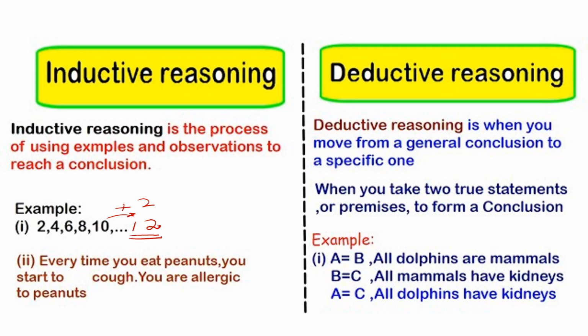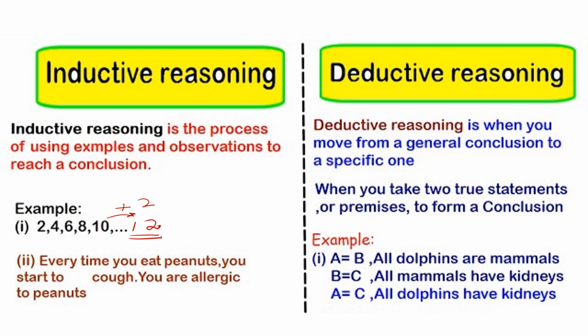If we say that all dolphins are mammals and all mammals have kidneys, you can say that since a dolphin is a mammal and mammals have kidneys, it means dolphins also have kidneys.